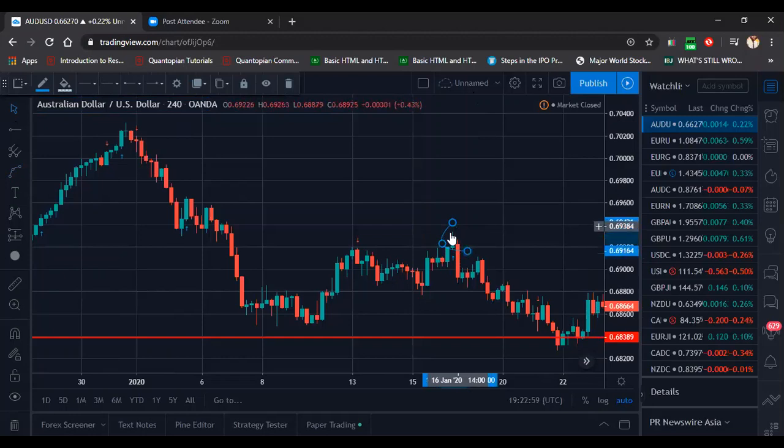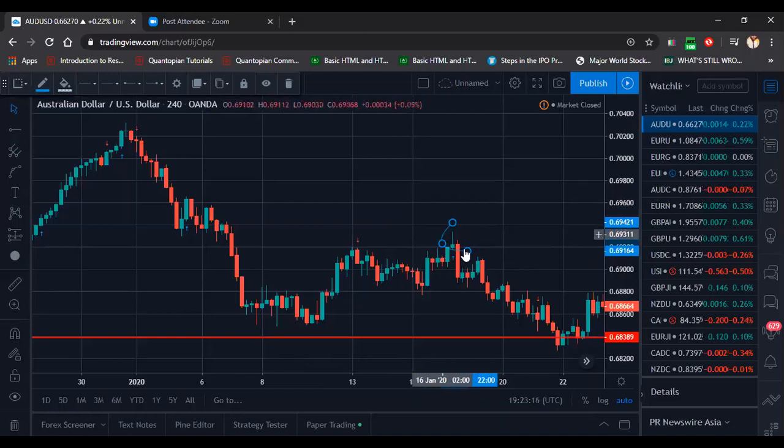So this is a shooting star. Since we know that the inverse of a hammer is a shooting star, this is a shooting star. And usually a shooting star happens in an uptrend, we'll get into uptrends.